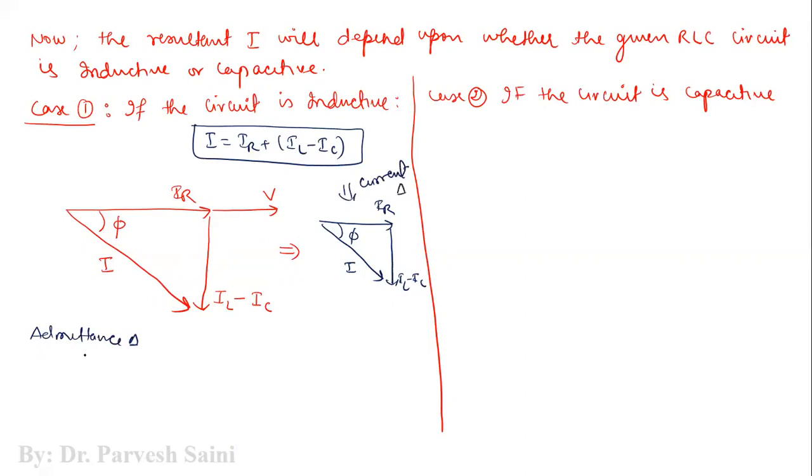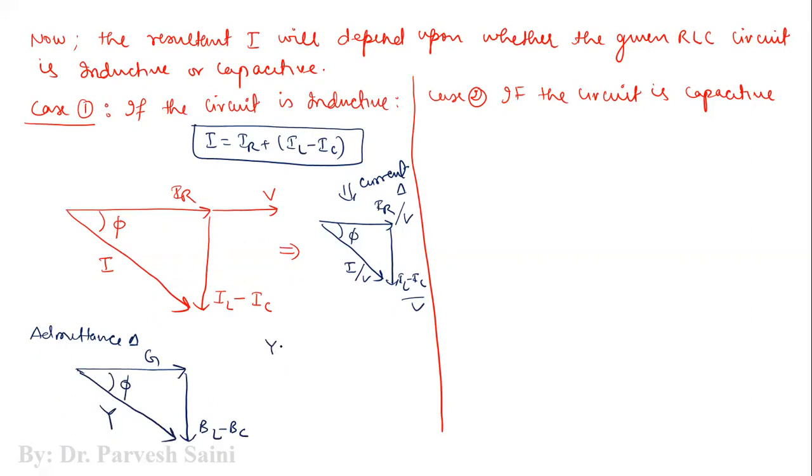Now the admittance triangle can be obtained by dividing this with V. So if we divide it with V all around, we will get the admittance. So IR by V is equal to G. IL minus IC by V is nothing but BL minus BC. And this is nothing but the admittance. Fine.